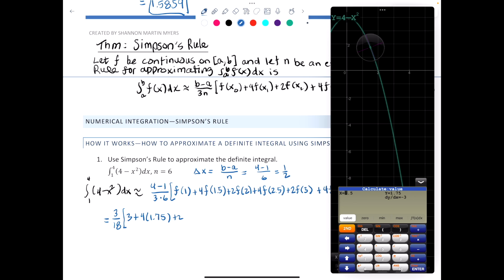Plus 2 times f at 2. So f at 2 is 0. Plus 4 times f at, what are we at? 2.5. And we'll get negative 2.25.